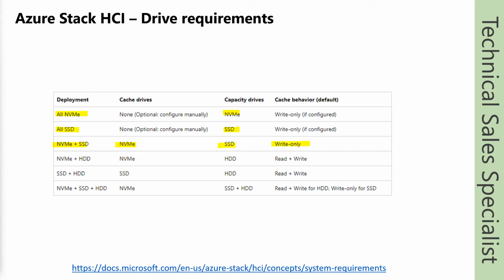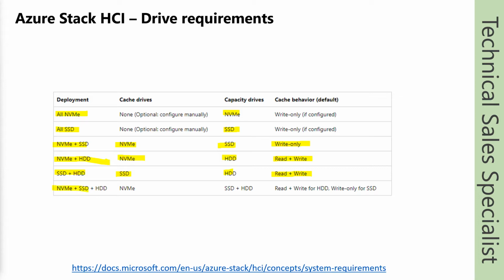The cache is configured for write only, as we have seen in the previous slide. NVMe and hard disk: the NVMe's are for cache, the hard disks for capacity. The cache is configured for read and write. The same for SSD and hard disk in combination. SSD is cache, hard disk is capacity, cache behavior is read and write.